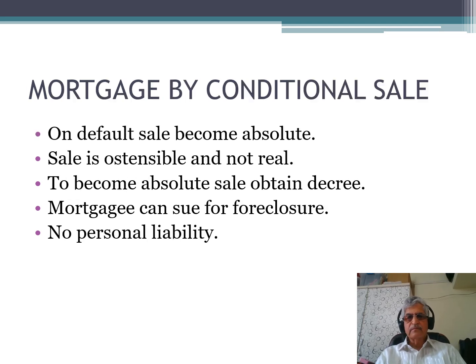Then the second type of mortgage is called mortgage by conditional sale. In this type of mortgage, the mortgagor transfers the entire property as if a sale has taken place.